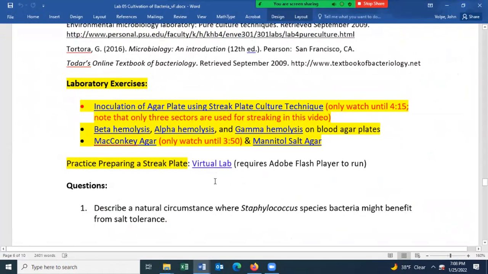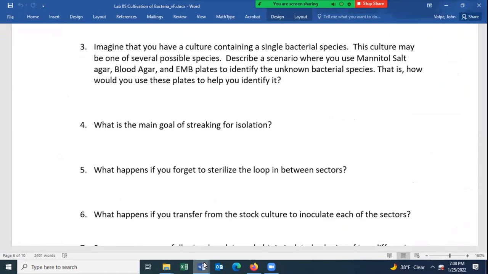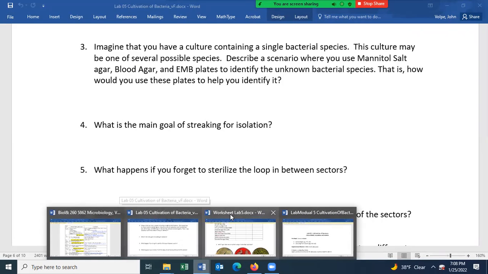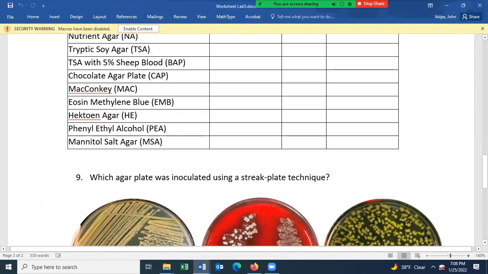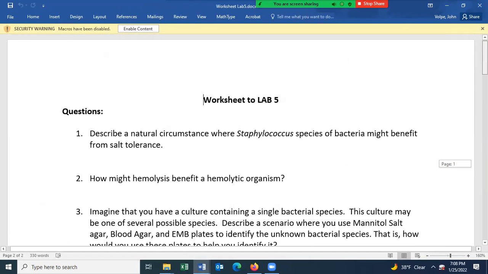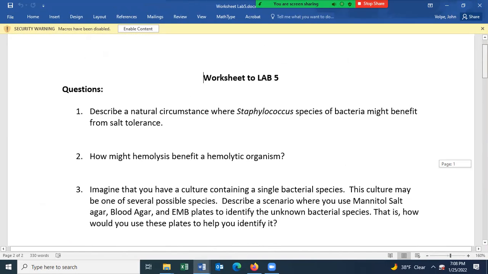All right, so answer the questions. And please do not answer it in the lab module. Only answer it in the worksheet. There were a few people who turned in the lab module last time, and I gave you a warning.